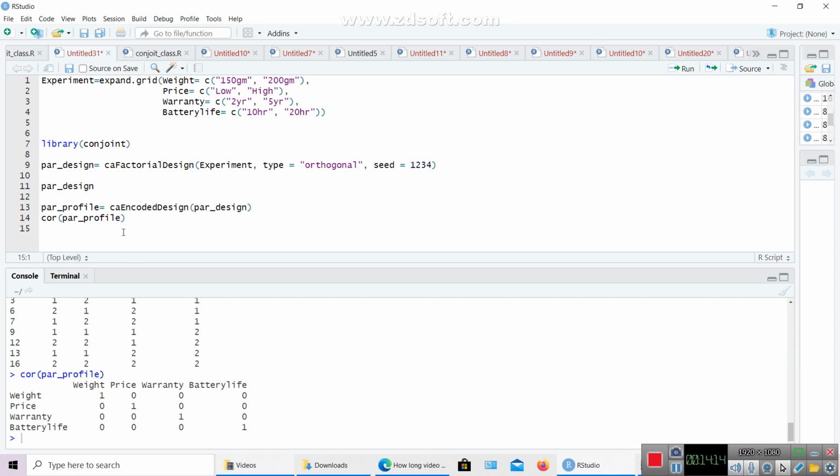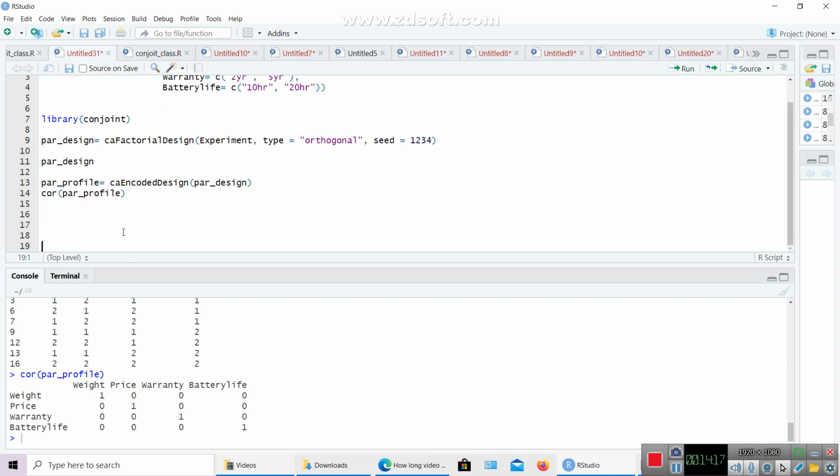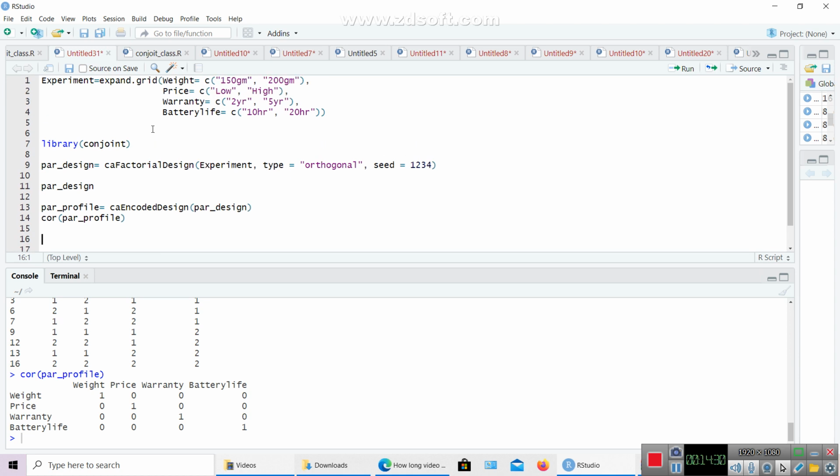So partial profile is well suited for those analyses when we have a large number of attributes with a high number of levels. Okay, for example, let's suppose you have a fifth attribute with four levels.